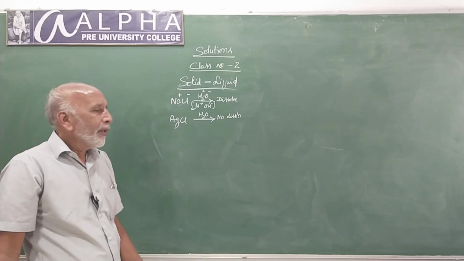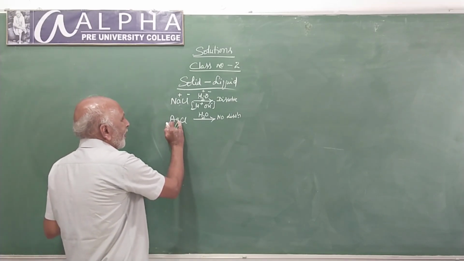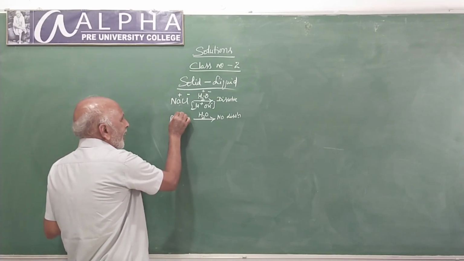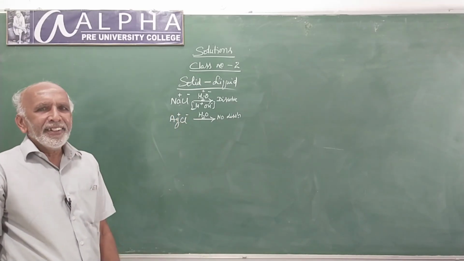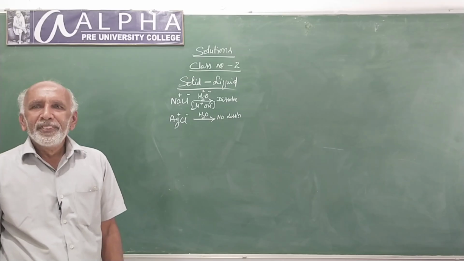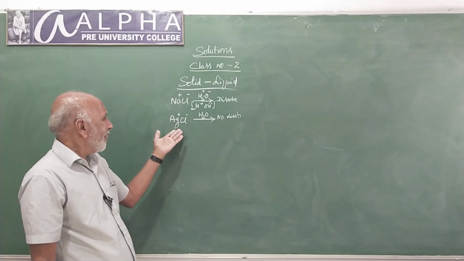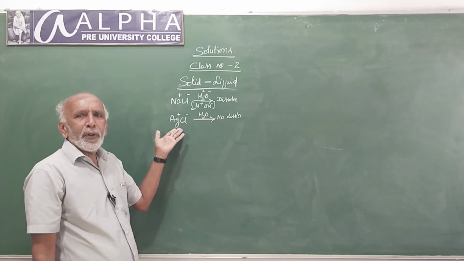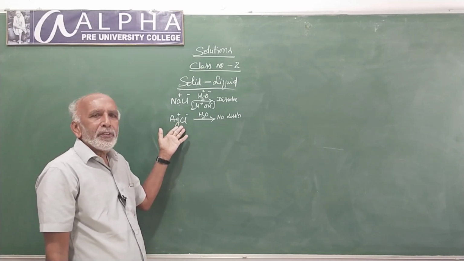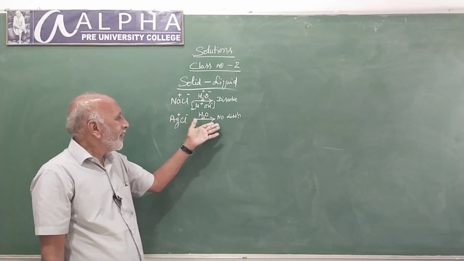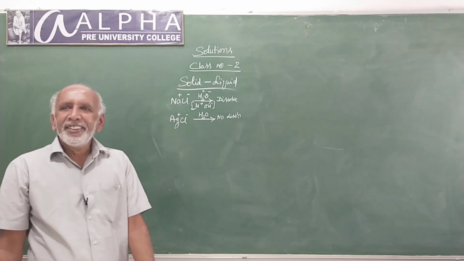You can agree. Here in silver chloride, we can say silver carries a positive charge, chloride ion carries a negative charge. So this is also something like polar, maybe weak. Polar solute, it is not dissolving in polar solvent.